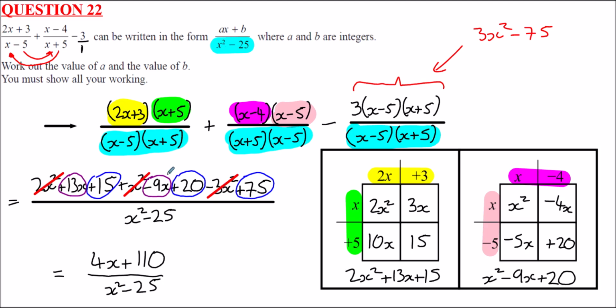So a, the number in front of the x, is therefore 4. So our final answer from this, we can conclude that a equals 4 and b, the number on its own, is 110. So just state that clearly, because the question does ask you to say what a and b are. a's 4, b's 110, and we're done.